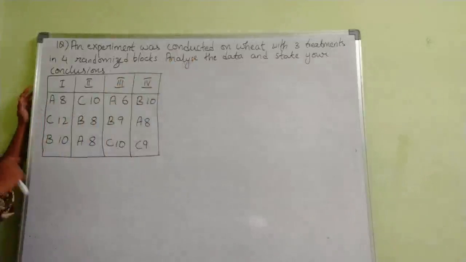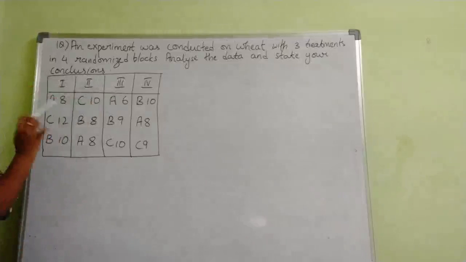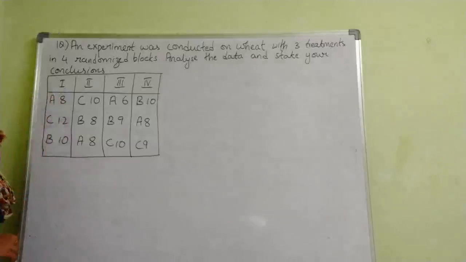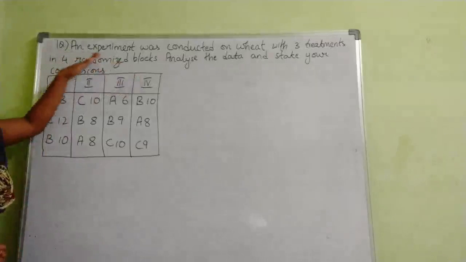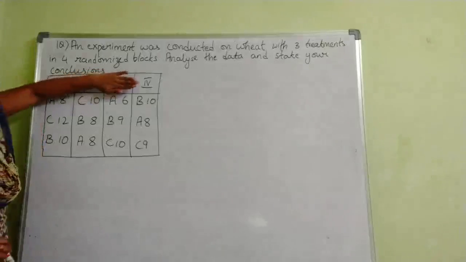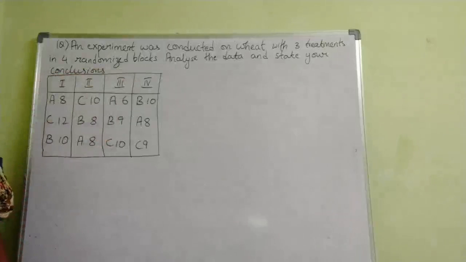First you have to identify which layout it is. So here you have treatments and blocks. If you have both treatments and blocks, then it is an RBD layout. Suppose blocks are not given, and just an experiment conducted on wheat with 3 treatments is given, with only the treatment values, it means it is a CRD layout.